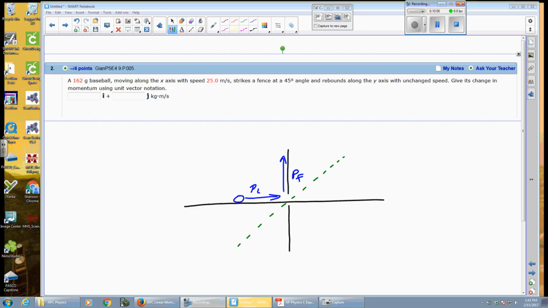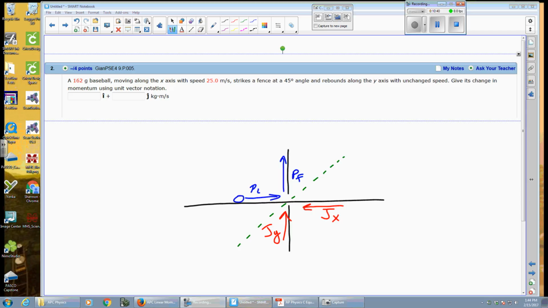In the i direction, my impulse is going to have to be in this direction and equal to whatever my initial momentum was, because I have no momentum left in the x direction. And then in the y direction, my impulse is going to have to be in this direction, and it's going to have to be equal to whatever that is.